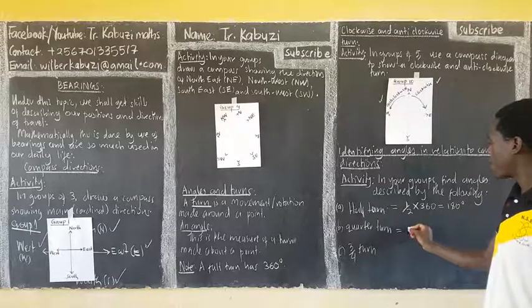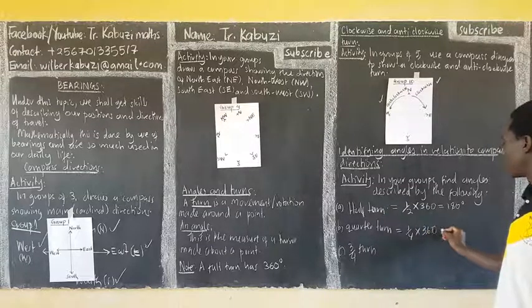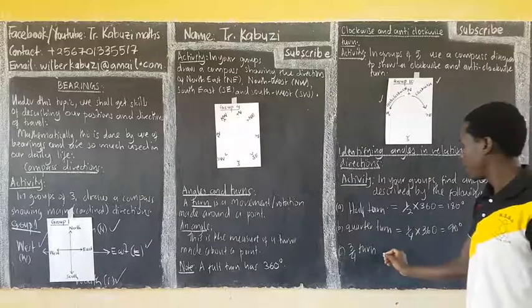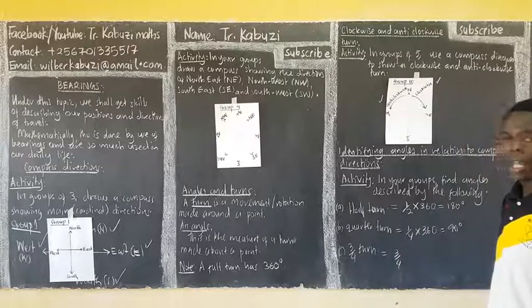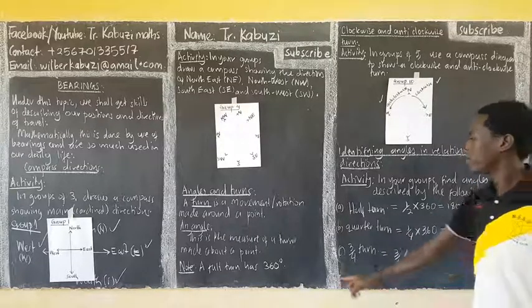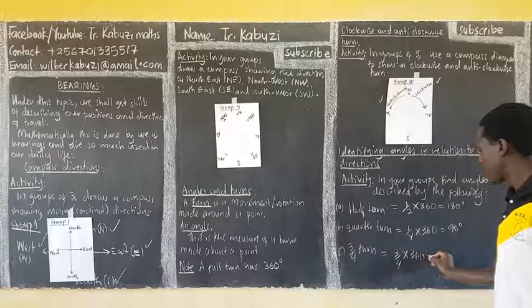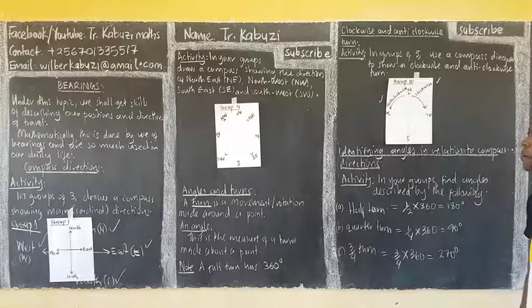Then here they have a quarter turn times 360, which gave them 90 degrees. Then here they have 3/4 turn, 3/4 times what each turn is, 360. And then here they got 270 degrees. So that's what we have from them.